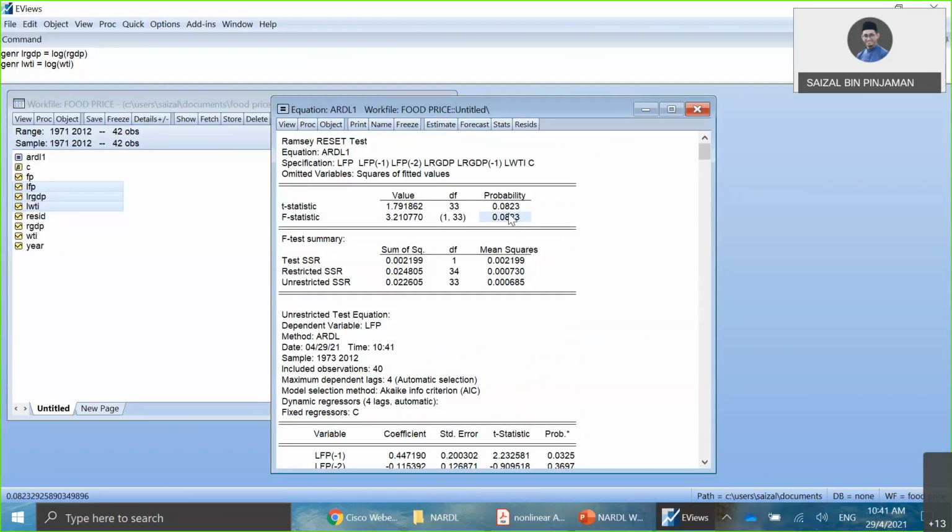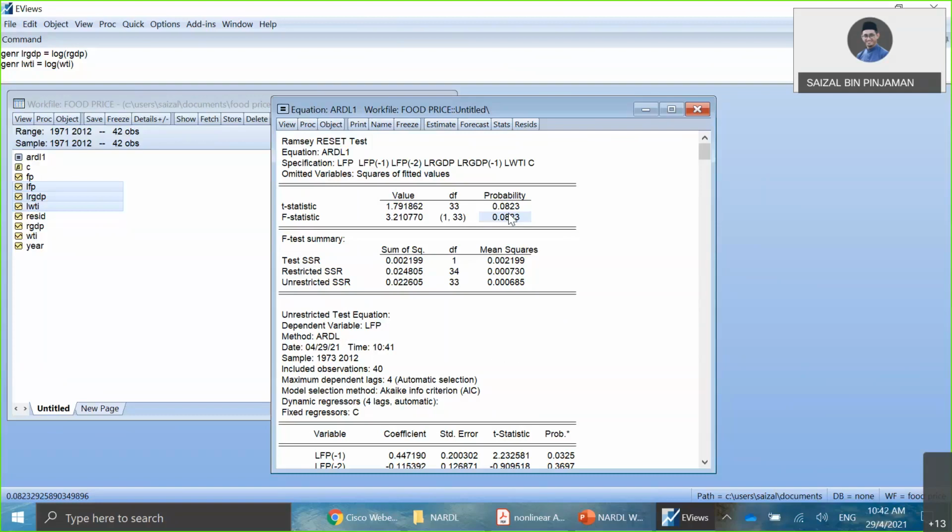In other words, we have misspecification in our estimation. So this may suggest that our model has asymmetry. Our model is non-linear. Yeah, it may suggest that.